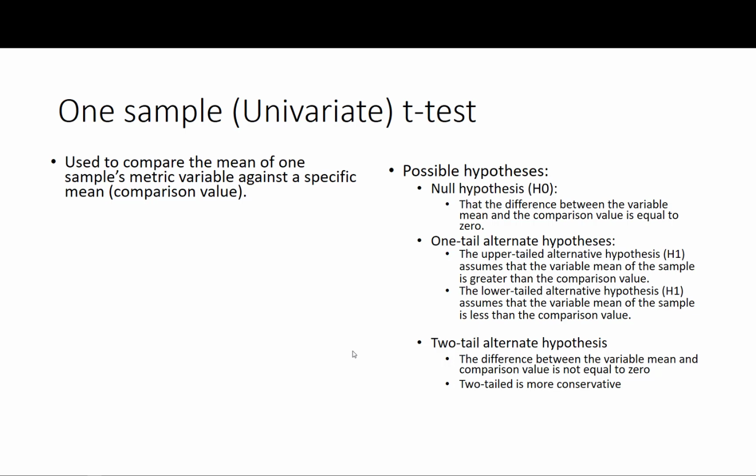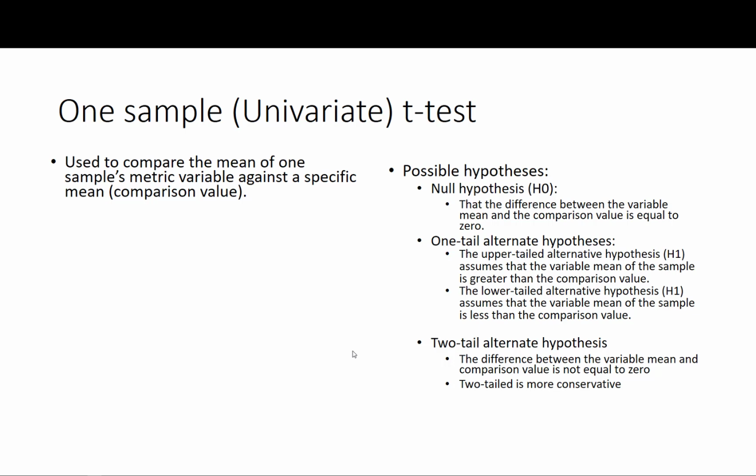We have two different alternative hypotheses that we can use. We have one-tailed hypotheses in t-tests, where the upper tailed alternative hypothesis assumes that the variable mean of the sample is greater than the comparison value, or the lower tailed alternative hypothesis assumes that the variable mean of the sample is less than the comparison value.